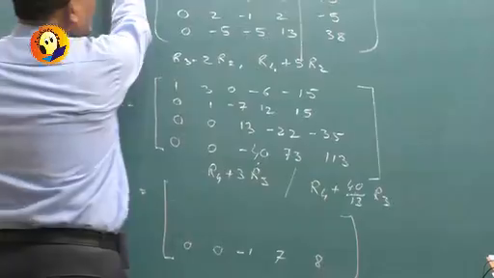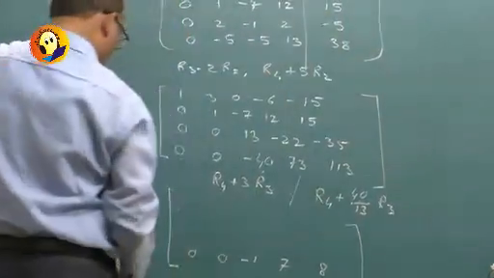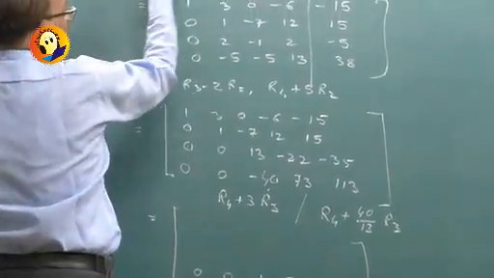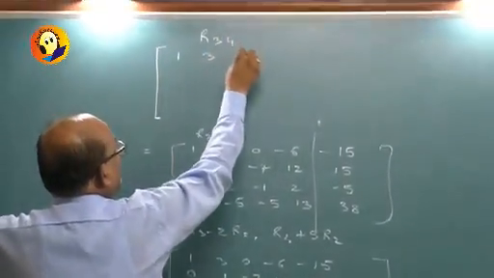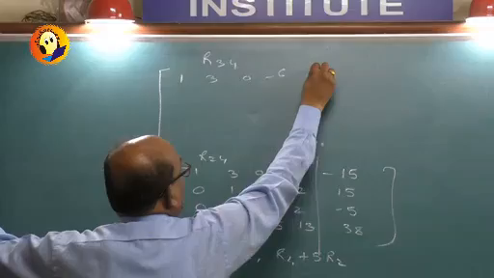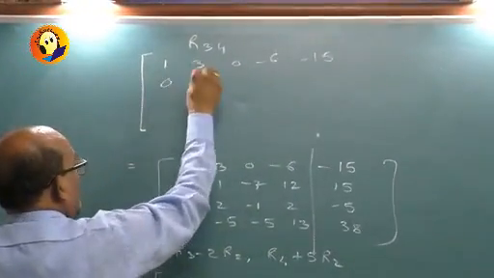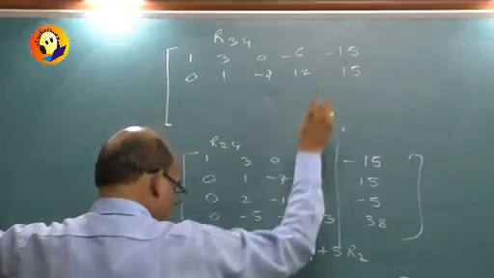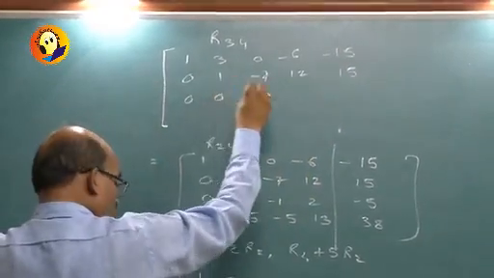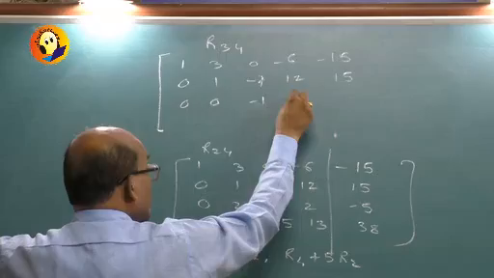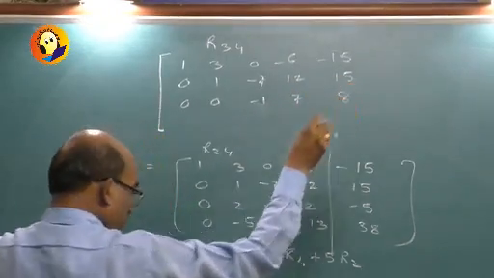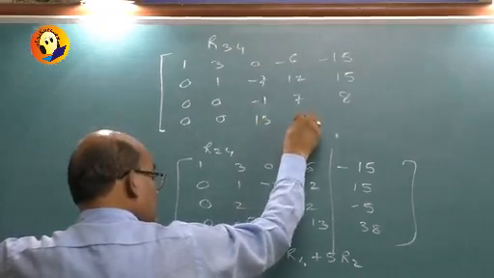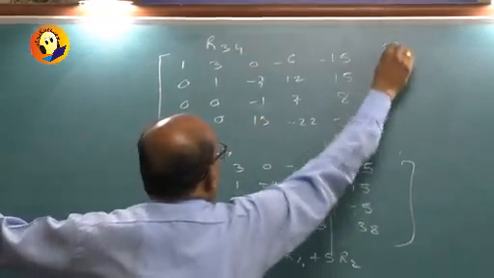And the next step is R34. So it is 1 3 0 minus 6 minus 15, 0 1 minus 7 12 15. Then it is 0 0 minus 1 7 8, and it will be 0 0 13 minus 22 minus 35.